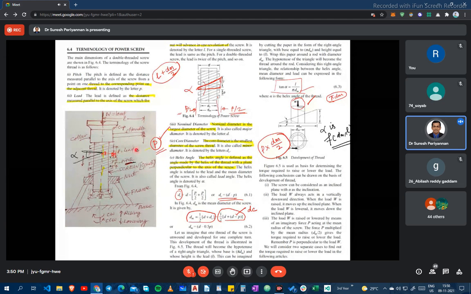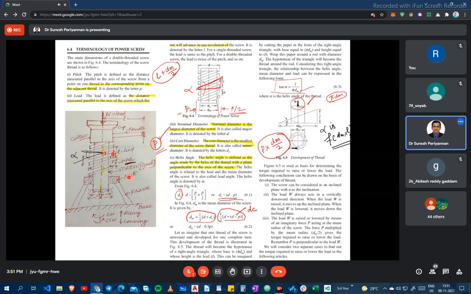This is the pitch of the screw. This is the nut provided on the frame. This is the major diameter, mean diameter, and this is the core diameter of the screw.